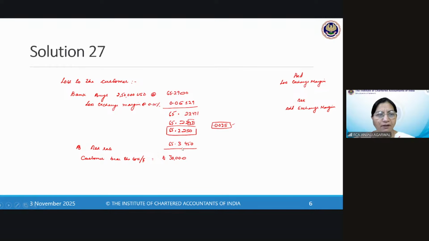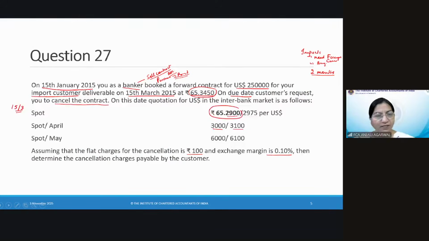Okay. Understood? On 15th January 2015, the banker has booked a forward contract for how many dollars? 2,50,000 for the import customer. So the import customer was asking for $2,50,000. The bank was selling $2,50,000 at 65.3450. But now when he is requesting on the due date to cancel the contract, the bank will buy from the customer at bid rate 65.2900.